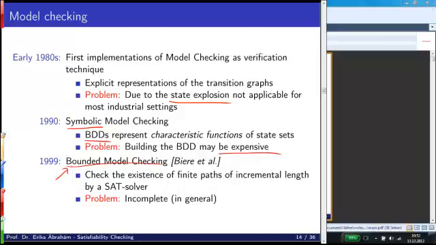If we start with length 0, it is unsatisfiable, means that the initial state is not buggy. Then we have lengths 1, 2, 3, and so on. So we search for longer and longer counterexamples, and it is in general incomplete, but you can extend it for certain systems with some additional conditions that you know where you have to stop.